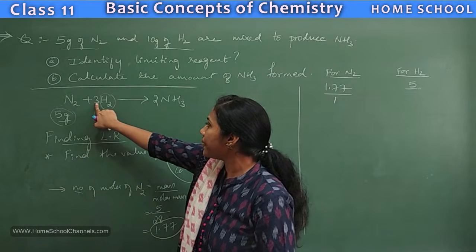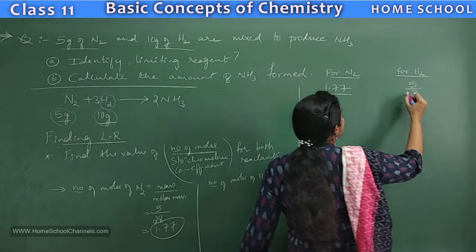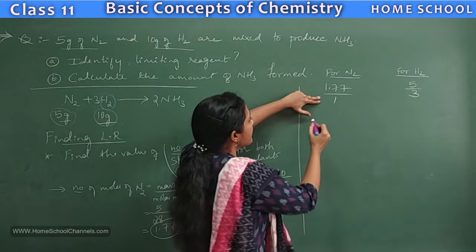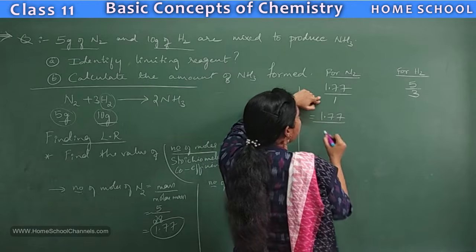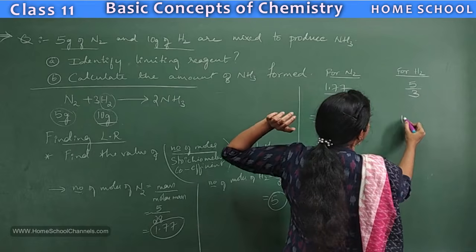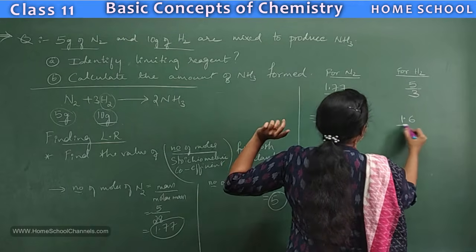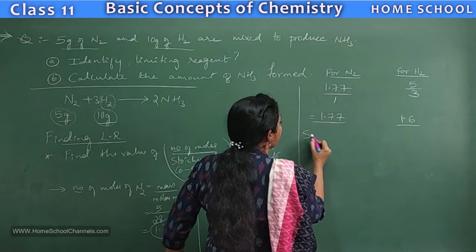What is the stoichiometric coefficient for H2? It is 3. So 5 divided by 3. So what is the answer you will get here? 1.77 you will get. And here 5 divided by 3 you will get around 1.6. Isn't it? And now select the least value.